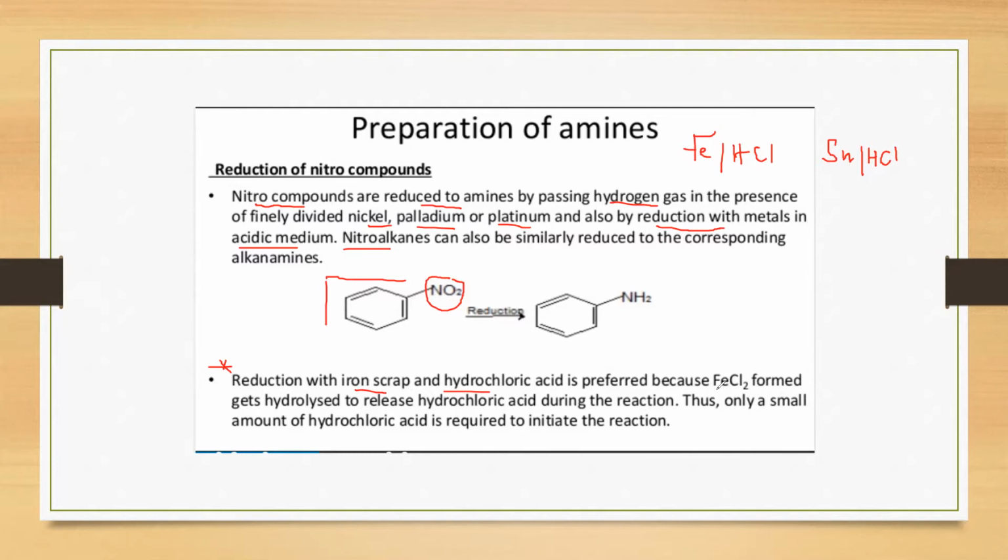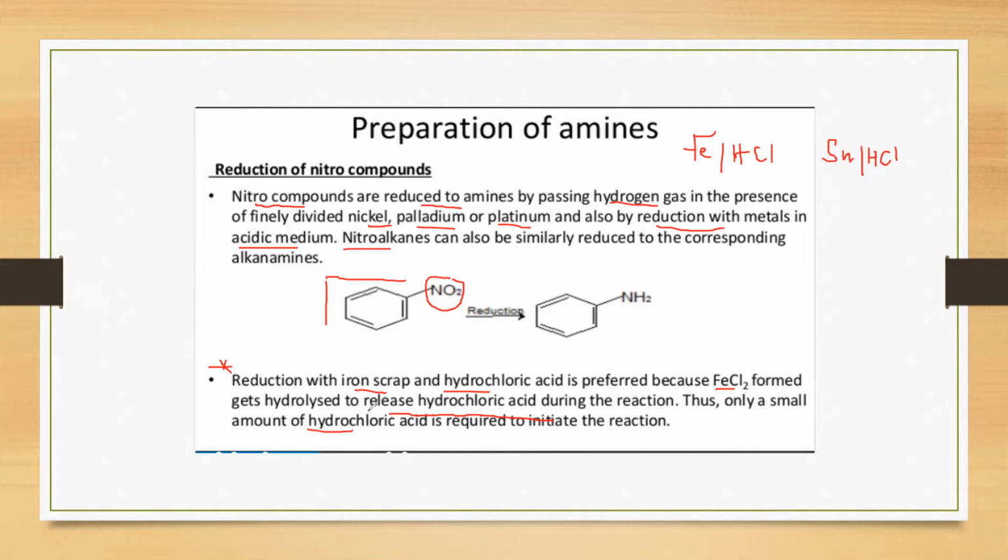Why? Because FeCl2 formed as a byproduct gets hydrolyzed to release hydrochloric acid during the reaction. We need only a small amount of hydrochloric acid just to initiate the reaction. Once the reaction is initiated, enough HCl will be formed in situ during the course of the reaction.